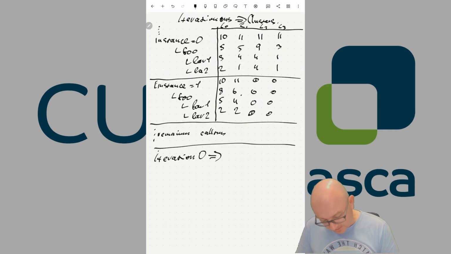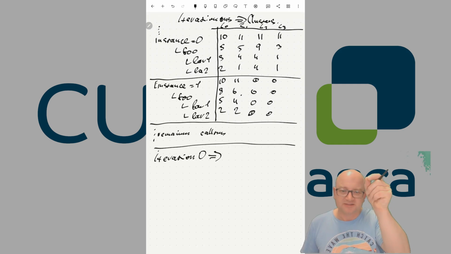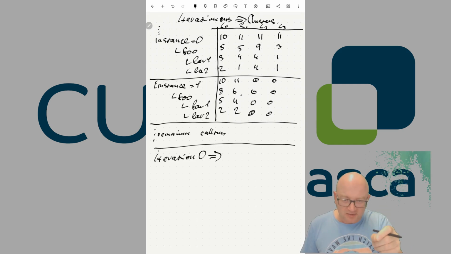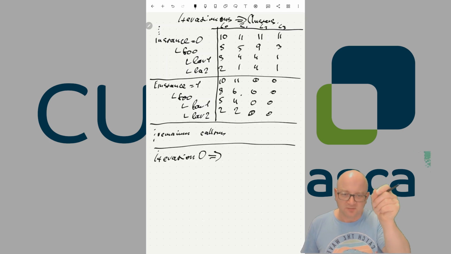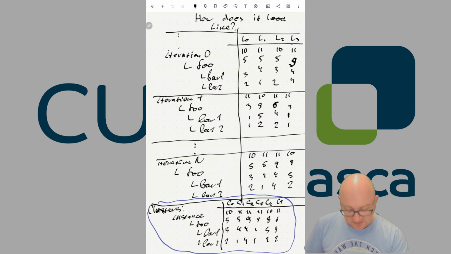So we literally write, we name the iteration, like 0, and for every location of this iteration we have to choose a cluster. So basically the cluster is the only one sub call tree. So location 1 can have different clusters than location 2 and so on. Therefore we write such a mapping where we describe iteration 0, and iteration 0 consists of 10, 5, 3, 2, 11, 5, 4, 1, and so on.